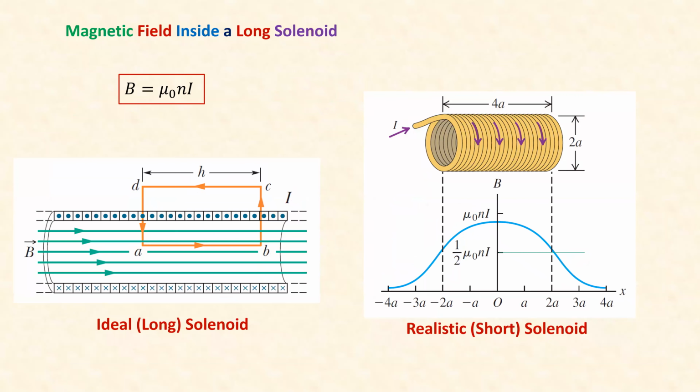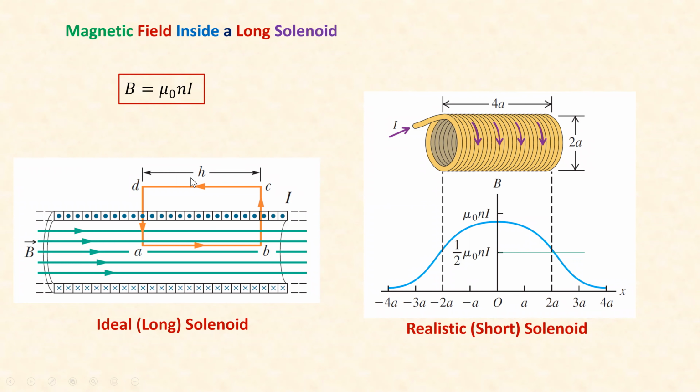All right. Now, the magnetic field inside a solenoid. If you have an ideal solenoid, you see that the currents are coming out of the page here and going into the page here, and it creates a magnetic field like that.